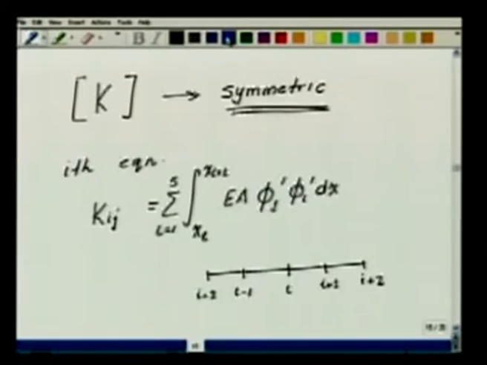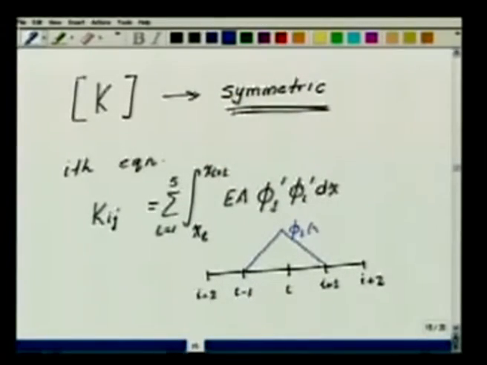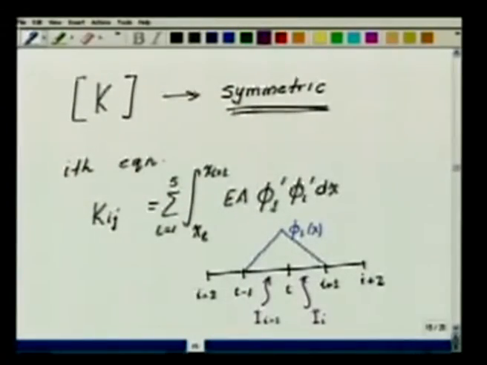So if I look at phi I, it is non-zero in only which elements? In only element I minus 1 and in element I. So phi I is non-zero only in these two elements, which are element I minus 1 and element I. Fine.